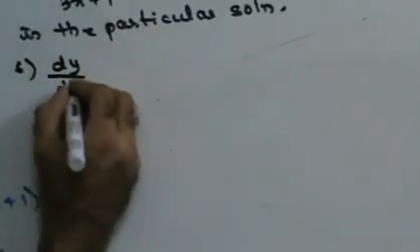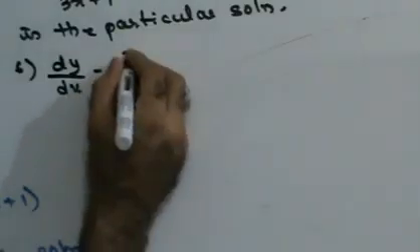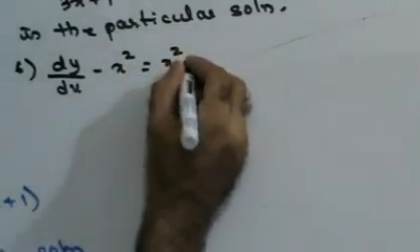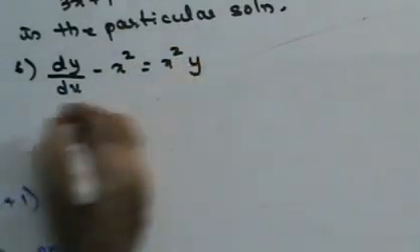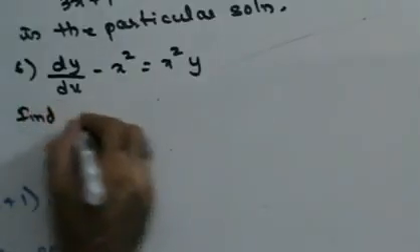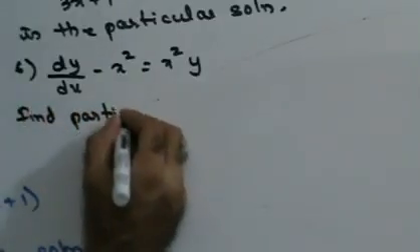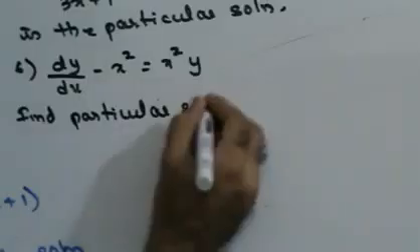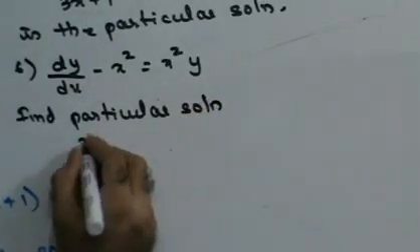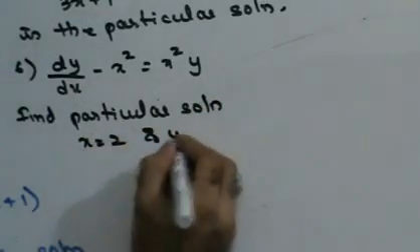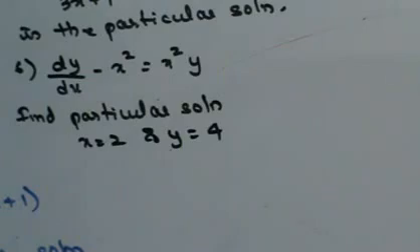dy by dx minus x square is x square y. Find the particular solution when x is equal to 2 and y is equal to 4. Right, now let's see how we solve this.